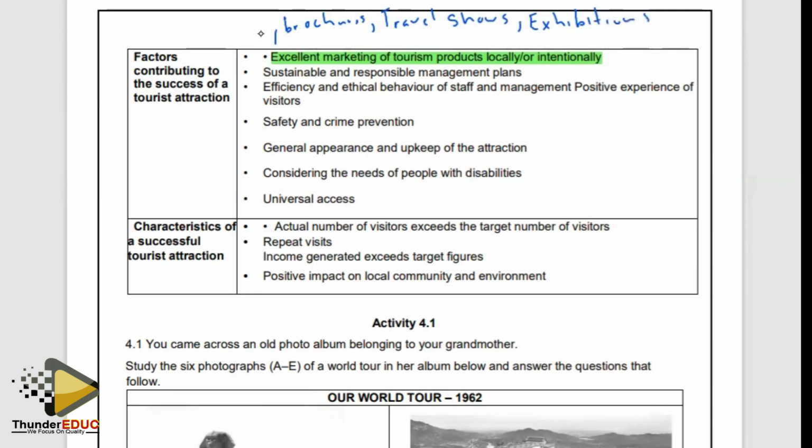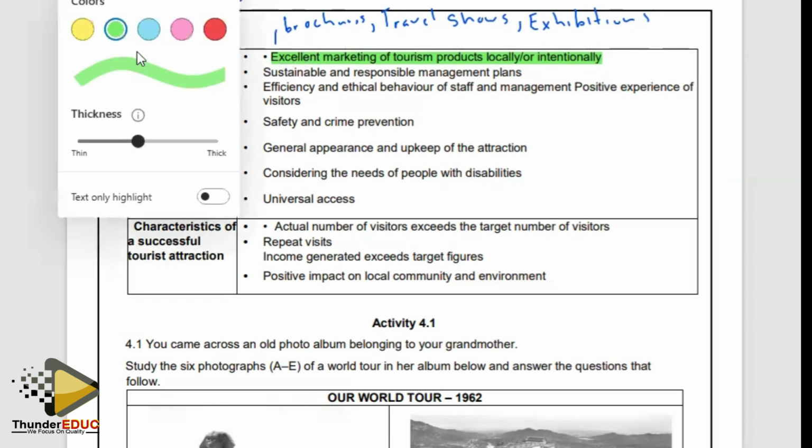It can also be done through the internet. The internet has become a new way of marketing. Internet platforms, and even social media platforms, can be used to market different destinations in order to make them much more successful. So that is the first factor contributing to the success of an attraction.